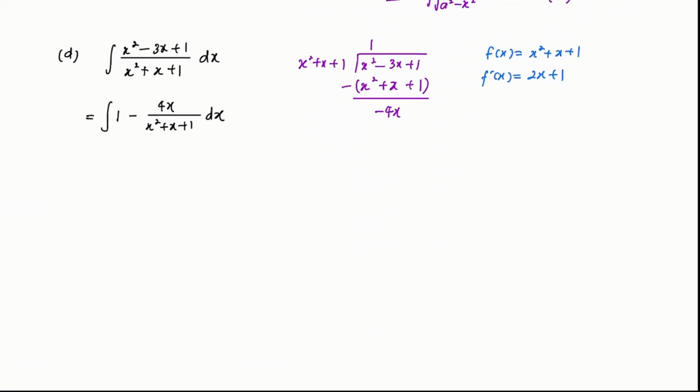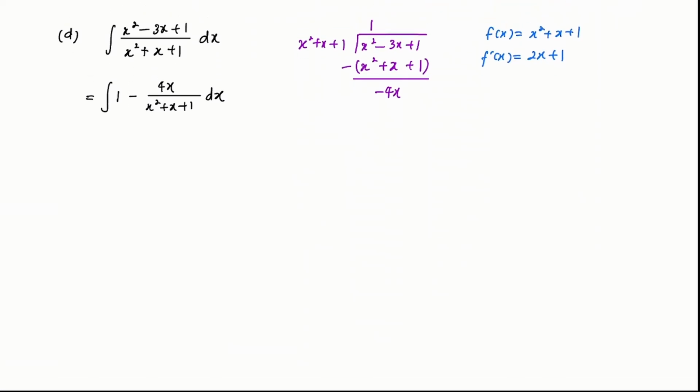Okay, so I will need to let this one, minus 4x, be equal to a times what we want plus b.